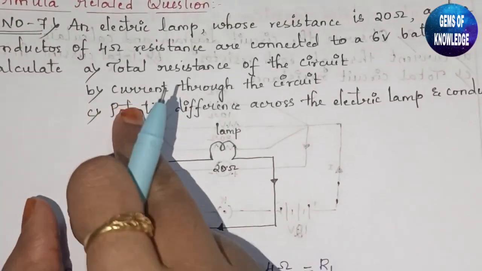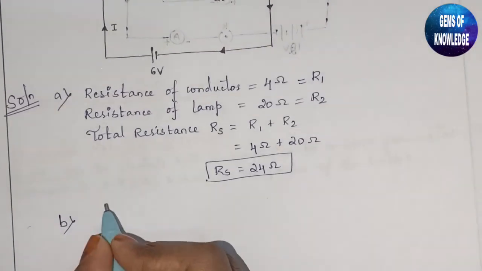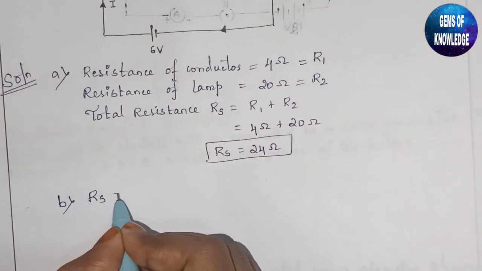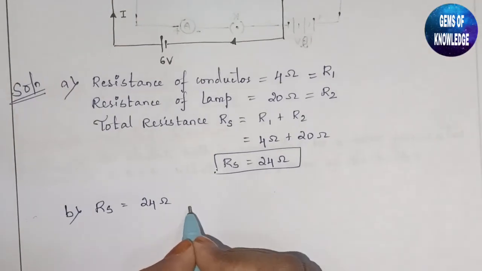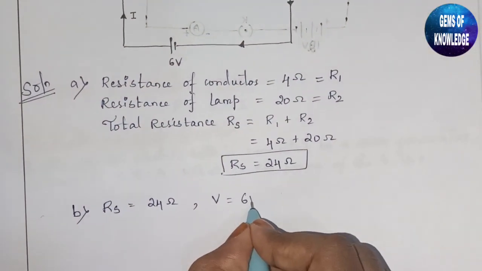Next question is the current through the circuit. We have to find the current through the circuit. To find current, what do we have? We have Rs, which is 24 ohms, already given. Now V is 6 volts, already given.